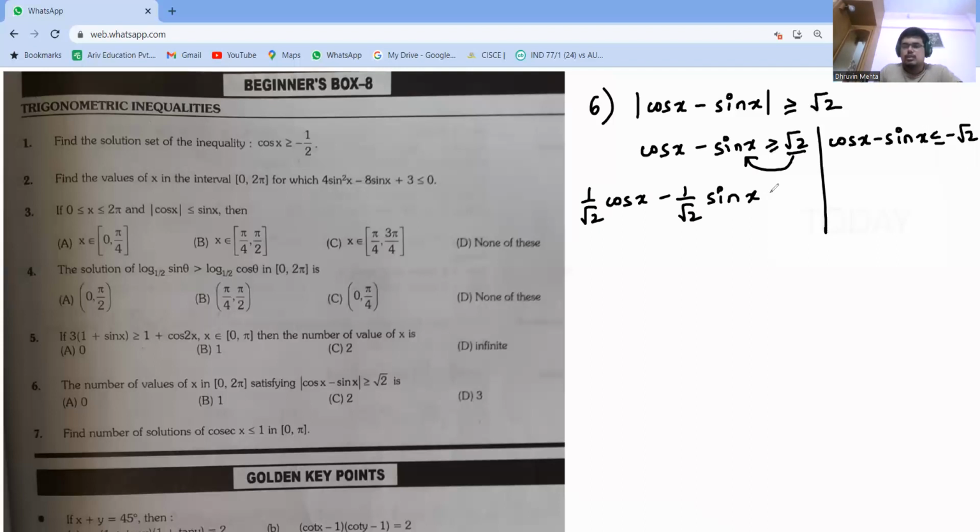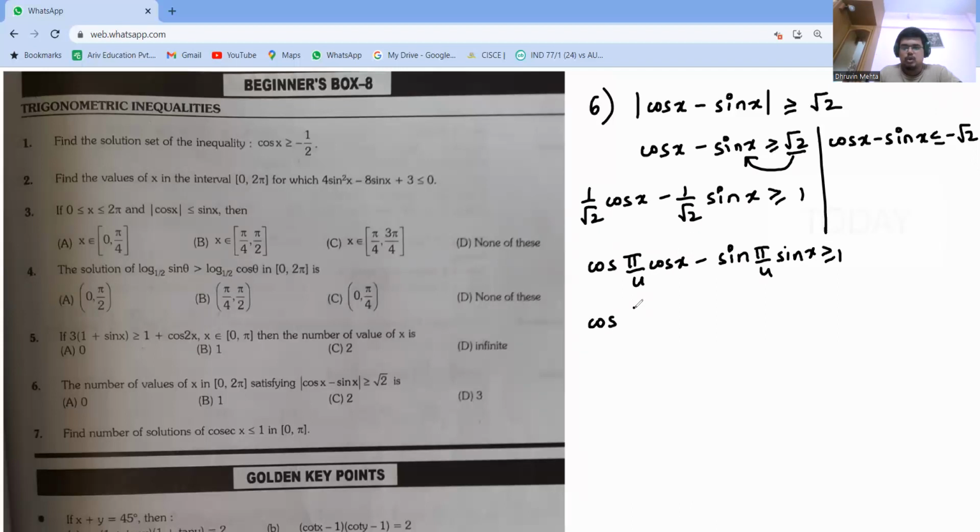So if you realize 1 by root 2 जो है, we can write that as cos of 45, pi by 4, and sin 45, minus this will be sin 45 sin x. So this is a compound angle formula.